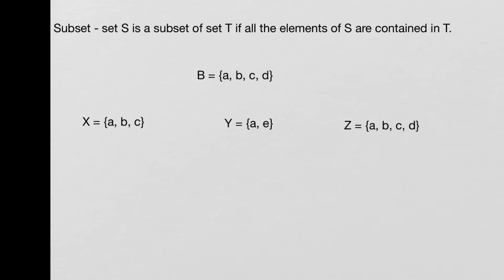So we say that set S is a subset of set T if all of the elements of S are contained in T. So in this particular case, we have set X, which contains the elements A, B, and C. Since each of those elements are contained within set B, X is a subset of B. And we would write this by writing set X and then using the subset symbol and then set B.